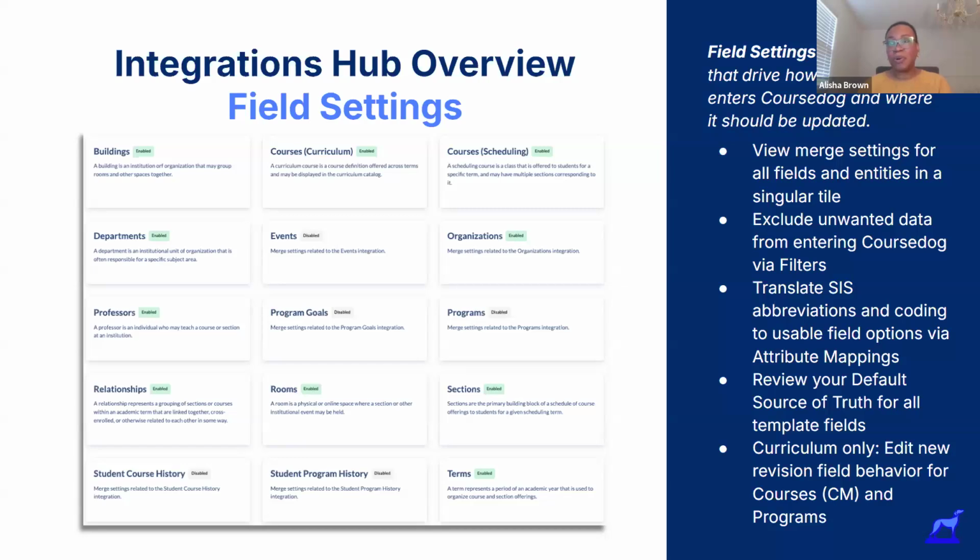And then it's also important to note that there are merge settings within these individual tiles that can be viewed but not edited. I'll talk a little bit more about that as we move into the next slide that talks more about global settings. But just to reiterate, you can edit your filters and your attribute mappings as needed.